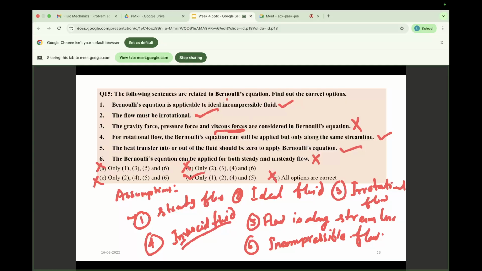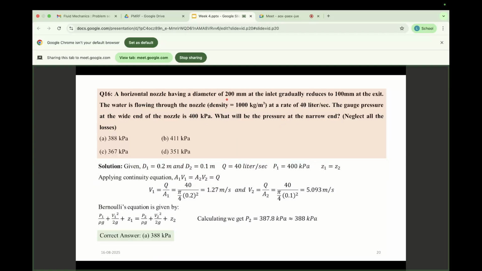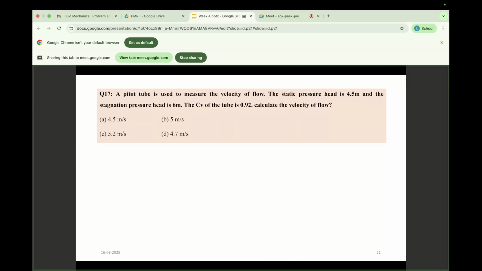So another concept I want you to solve. This is regarding a pitot tube. This is the last question for today. So what basically does the pitot tube do? It just measures the velocity of flow. So this static pressure head and this stagnation pressure head are given.